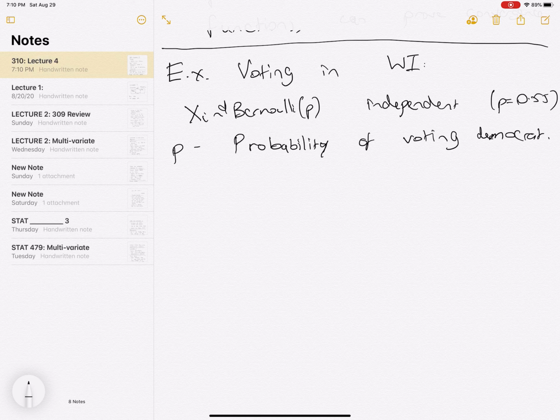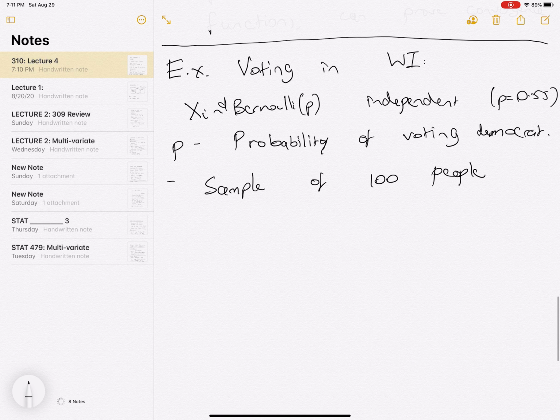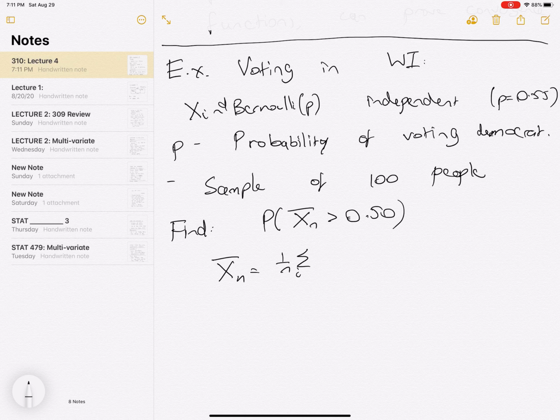So we have a sample of 100 people, and what we want to find is, if the sample mean is such that exactly 50 people in the sample vote Democrat, the probability that the number of people in the sample is greater than 50.